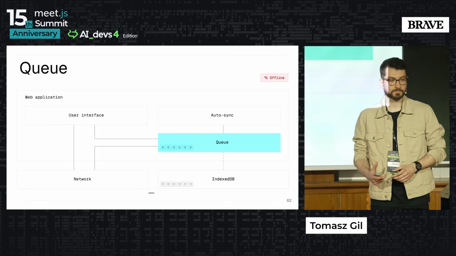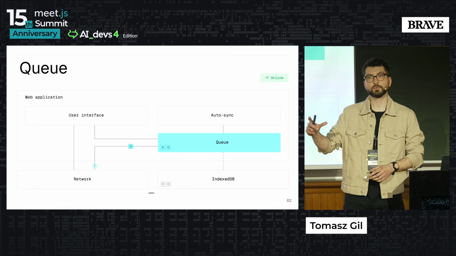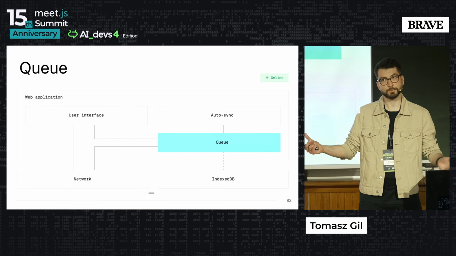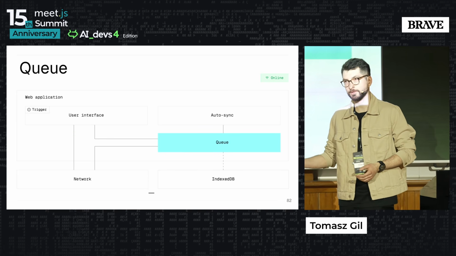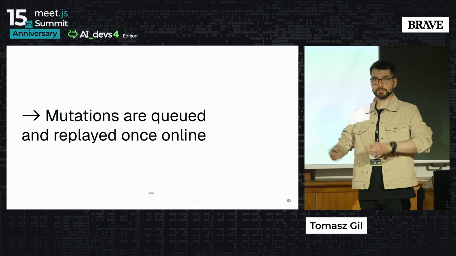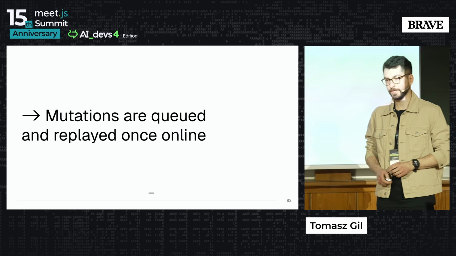And all of that, when they reconnect, we take these items from the queue and one by one issue network requests based on them, essentially making these updates available for others to see. That's the idea behind the queue. And with this, mutations are queued and replayed once the user reconnects.